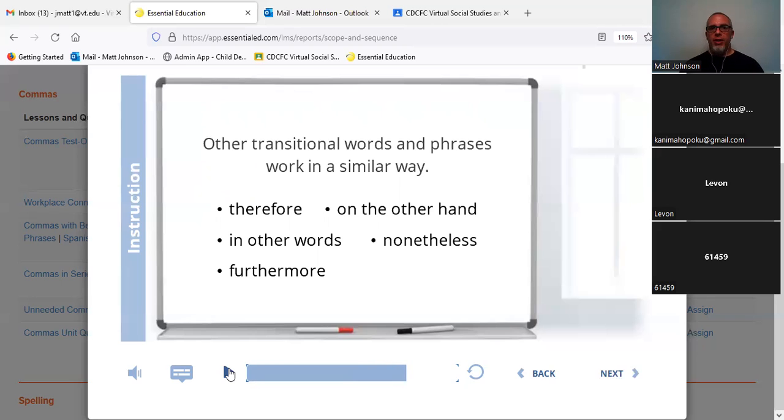If you're using those transitional words to replace our fanboy conjunctions like "but," you use a semicolon and a comma. So if it's separating two independent clauses, you're going to use a semicolon before it. If it's used in an introductory fashion at the beginning of a sentence, you just use the comma.